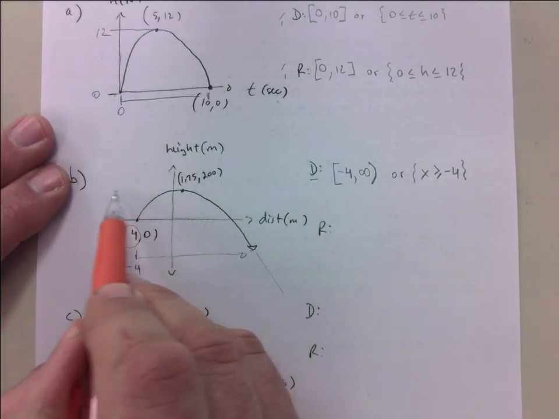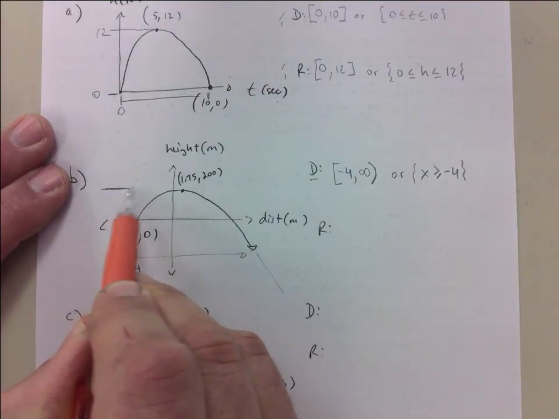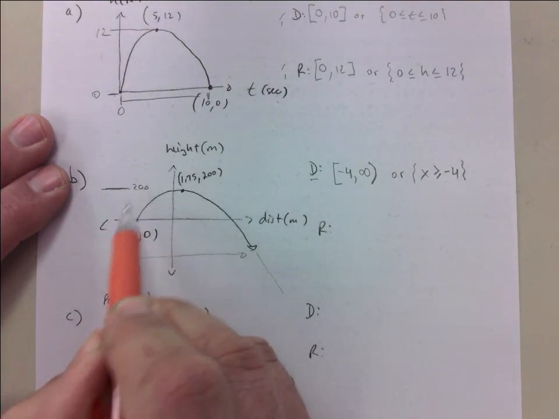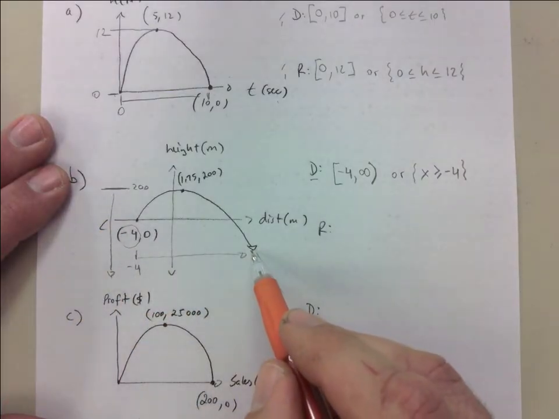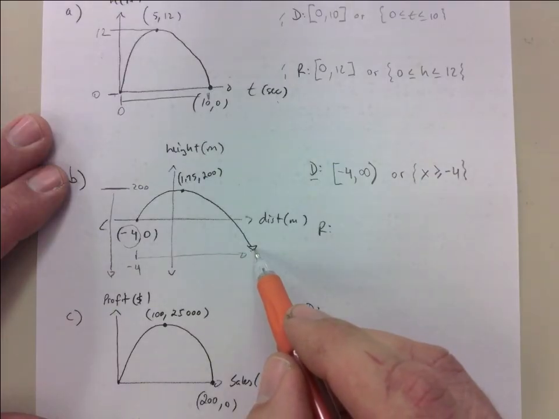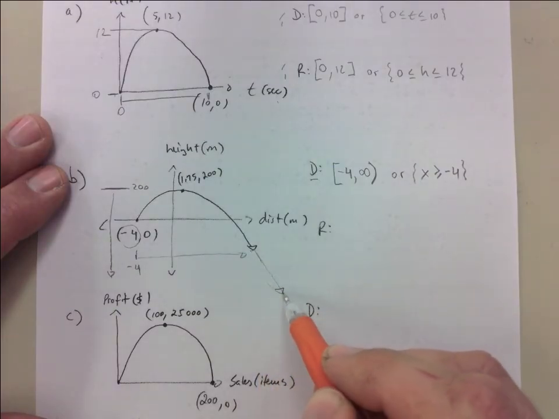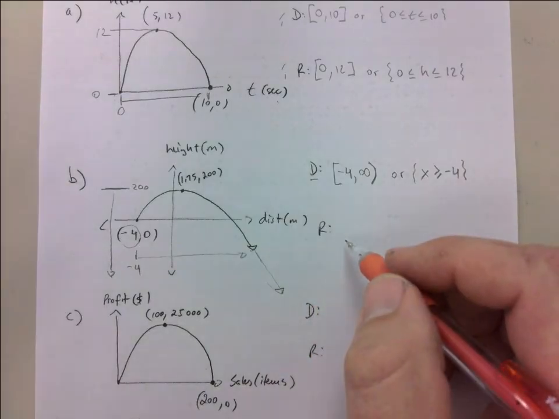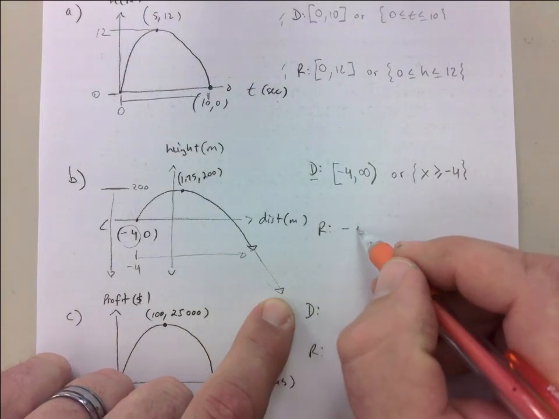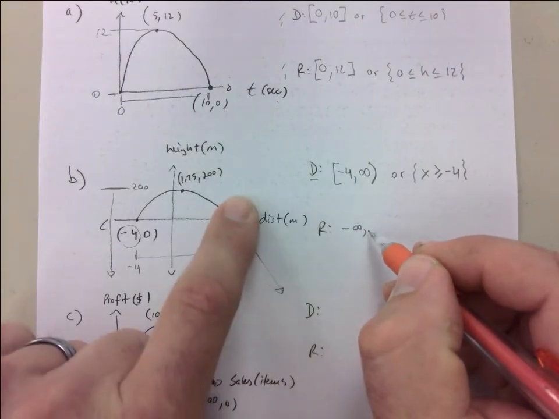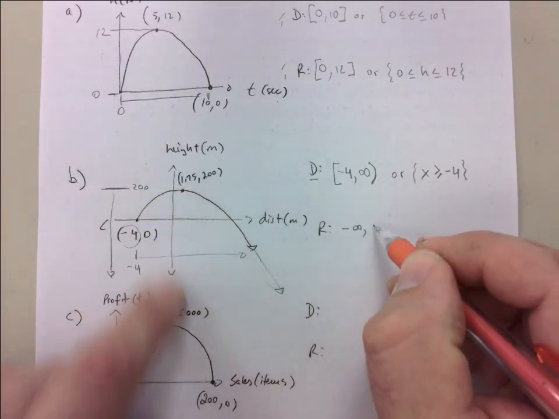For your range, you get as high as 200. If you think about it, you will never catch the lowest, because this keeps on going. So remember, it's bottom, top. The bottom would be -infinity all the way to 200, which is the highest you get to.